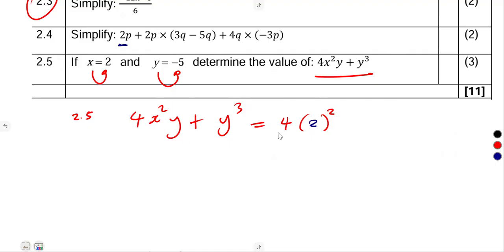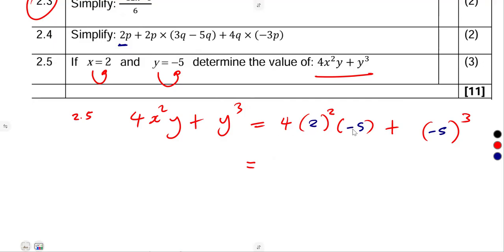All right, then we have got y there. We are multiplying by y, which is negative 5. Just like that. Plus y to the exponent of 3. The value of y is negative 5. Everything must be raised to the exponent of what? Of 3. So this is what we're going to have.